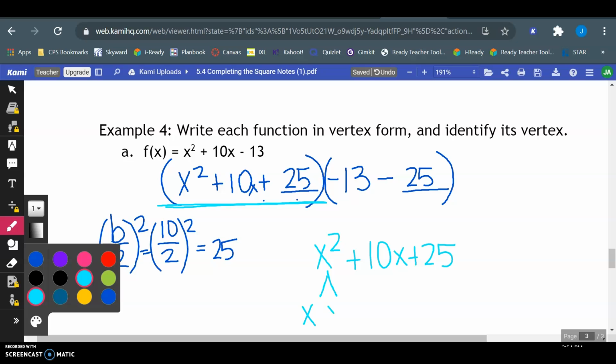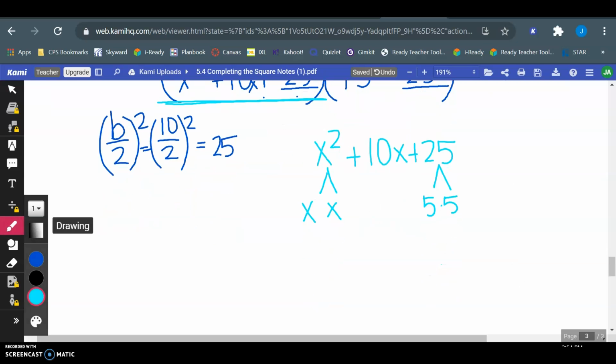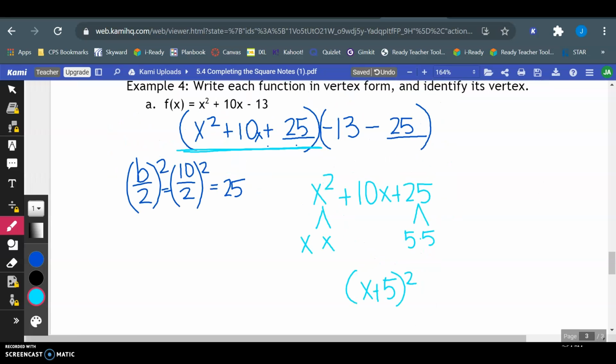The x squared is x times x, and the 25 is 5 times 5, and everything's positive. So this is x plus 5 squared. And then I have to simplify this, the negative 13 minus 25. So that makes a negative 38.